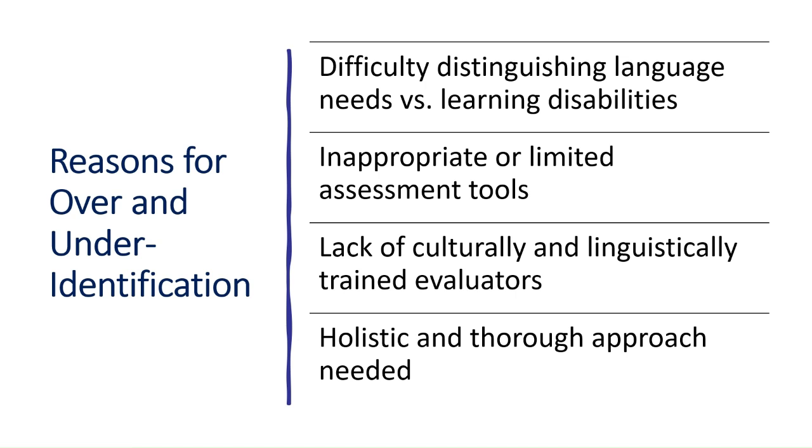Now, there are several reasons why English learners may be over identified or under identified for special education. One of the most common reasons is that, as we have discussed, educators sometimes have difficulty distinguishing between a true learning disability and academic struggles related to limited English proficiency, right? When students are still developing their English skills, their performance may not fully reflect their actual abilities. Another important factor is the lack of appropriate assessment tools.